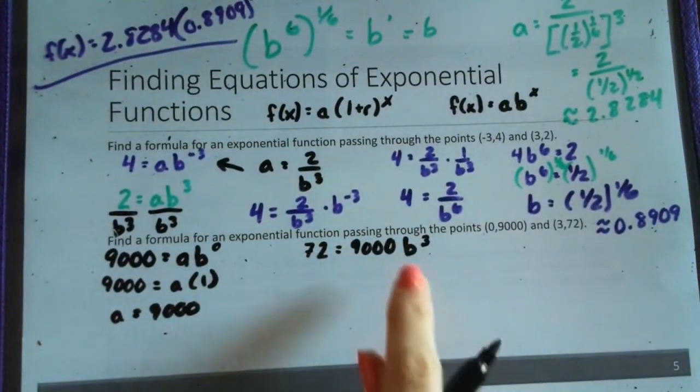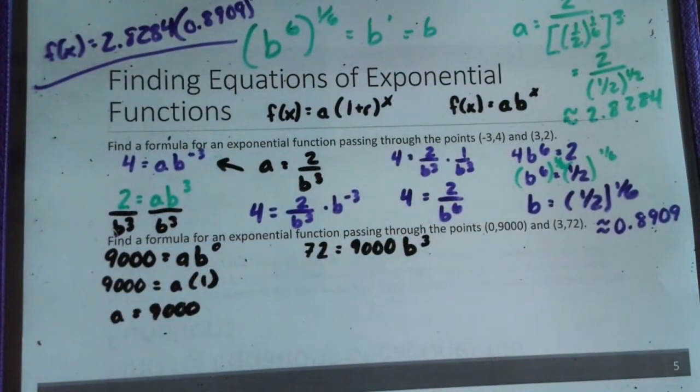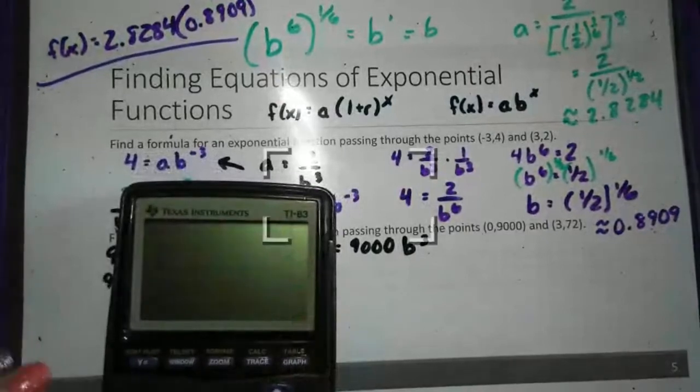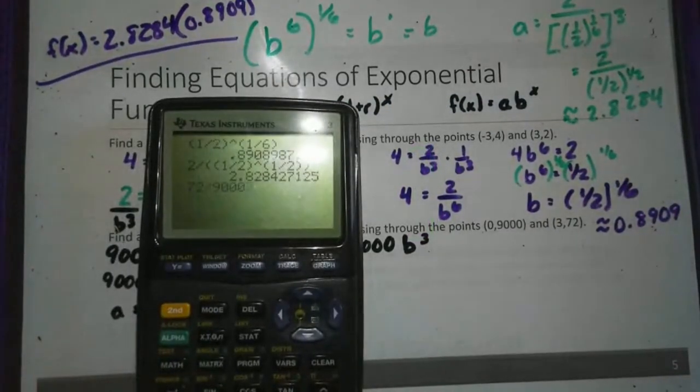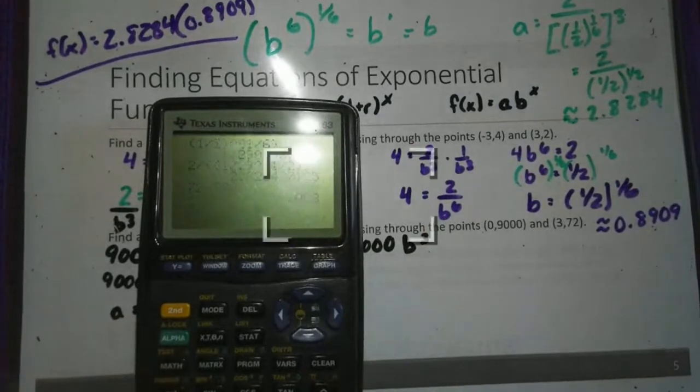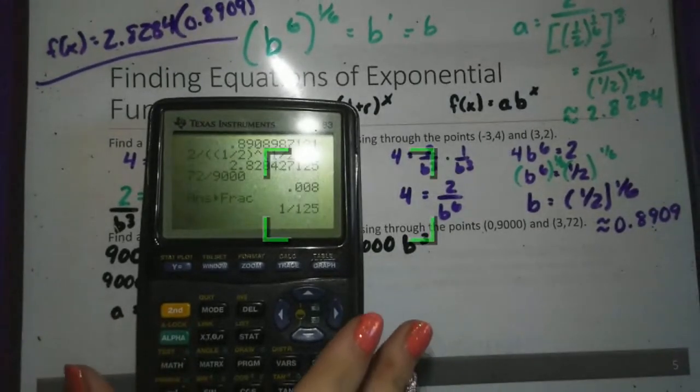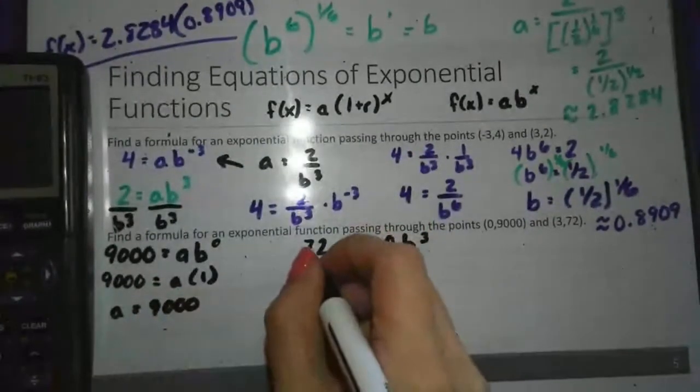I need to solve for b, so I'll start by dividing both sides by 9,000. Wonder if that's a nice fraction. Be a surprise in these problems. We want to take 72 divided by 9,000. If I hit math, enter, enter, that tells me that's 1 over 125.